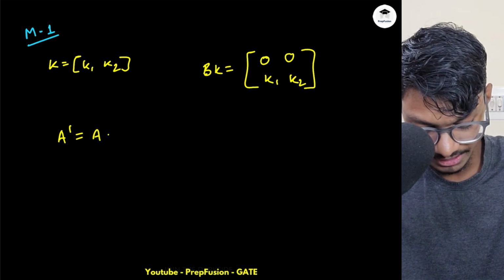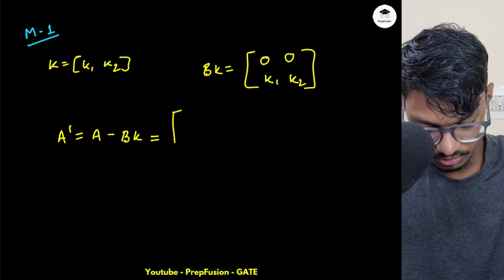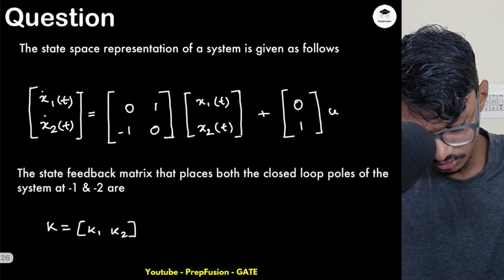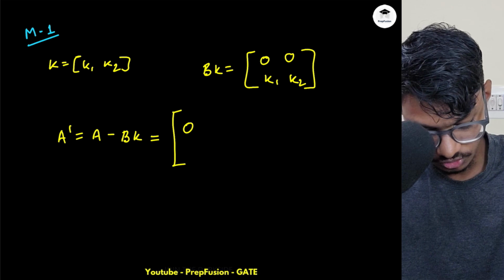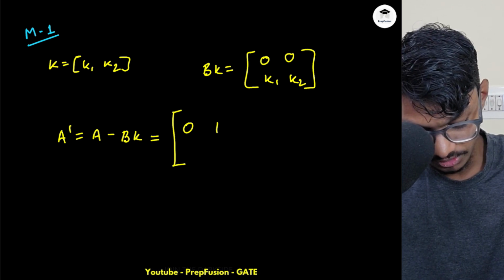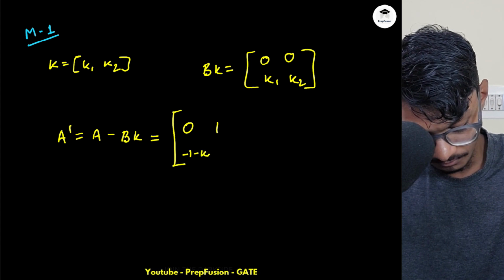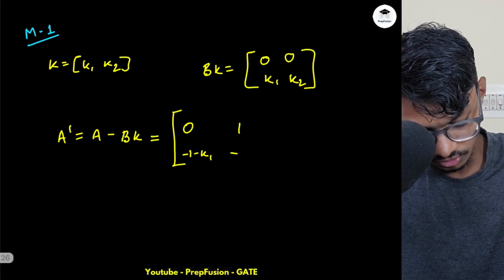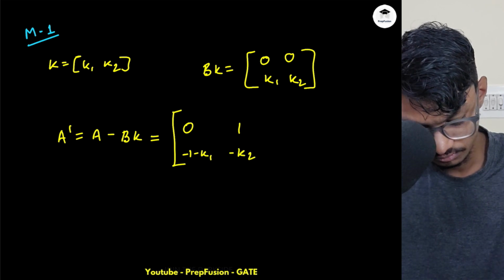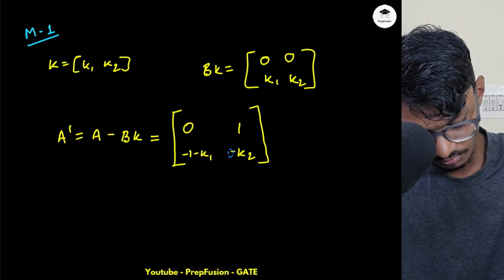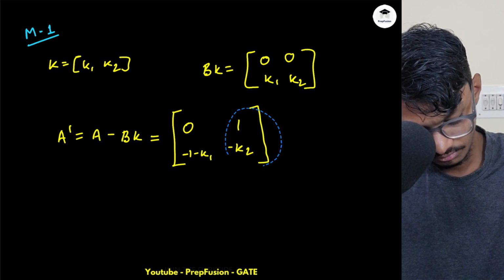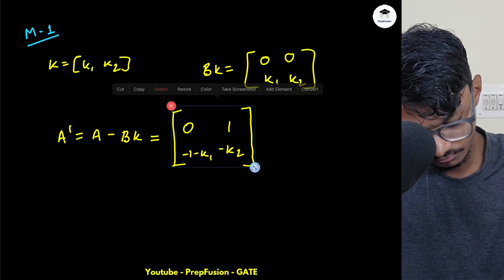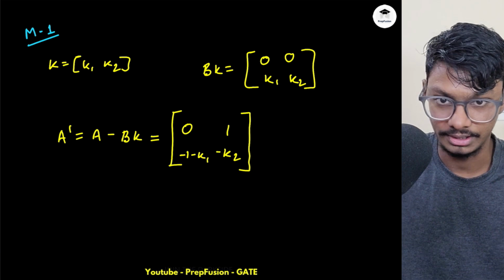The new system matrix will be A minus BK, which is 0, 1 and minus 1 minus K1, minus K2. Okay, so this is my system matrix.